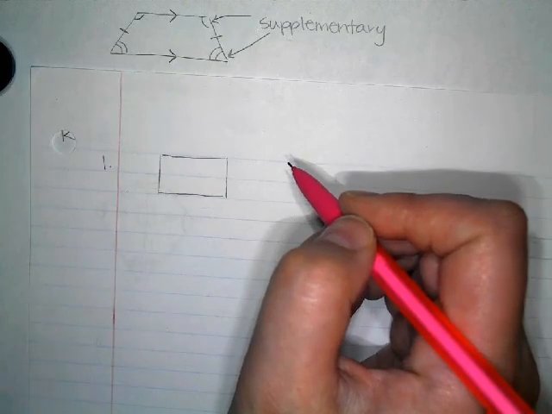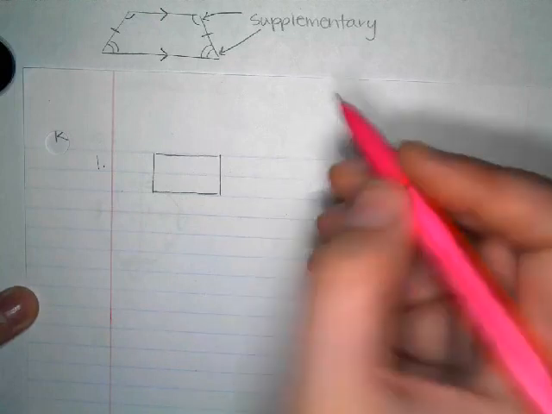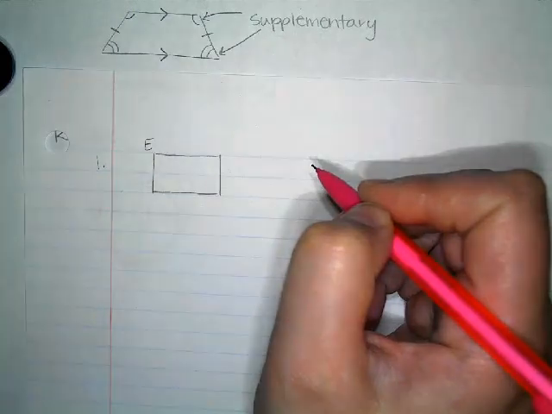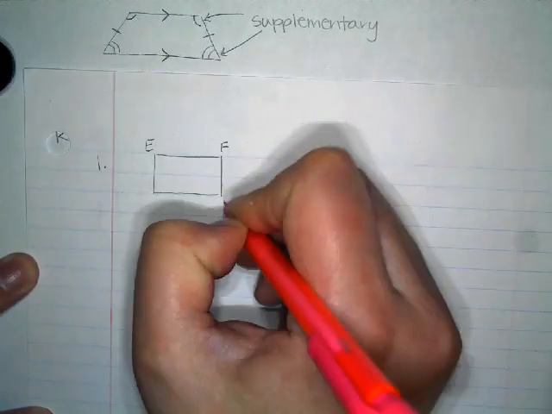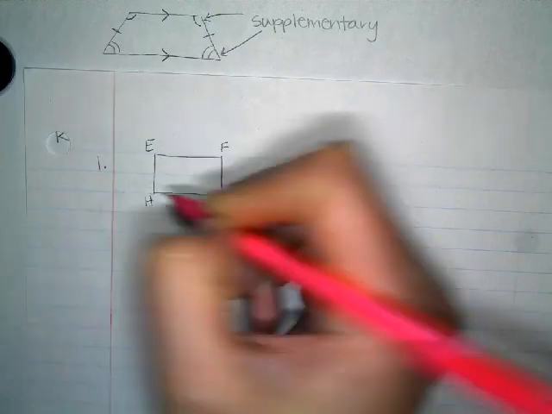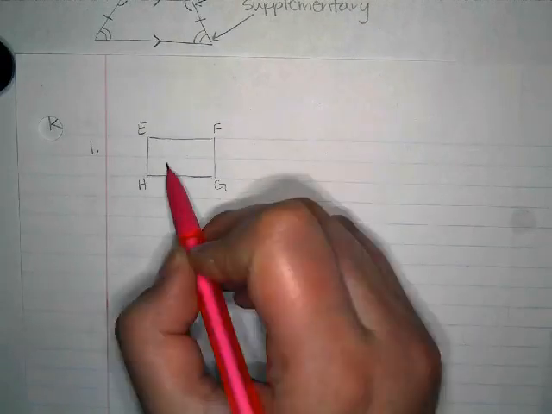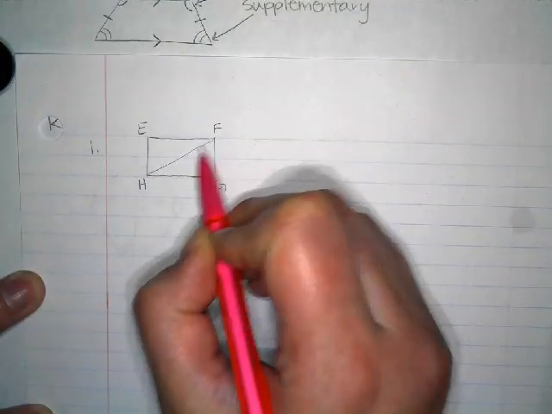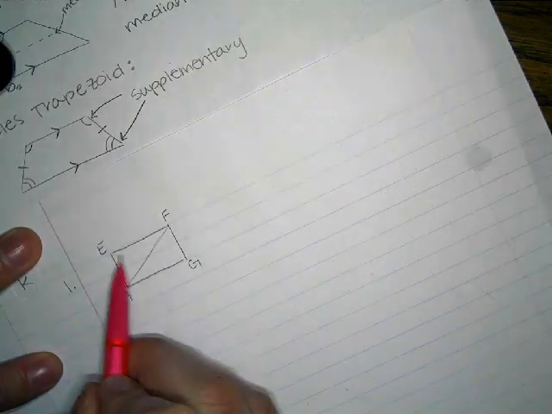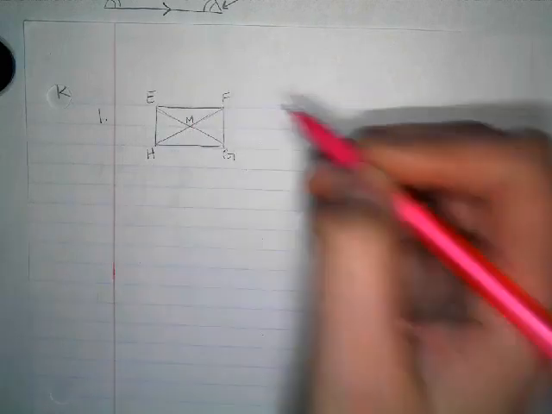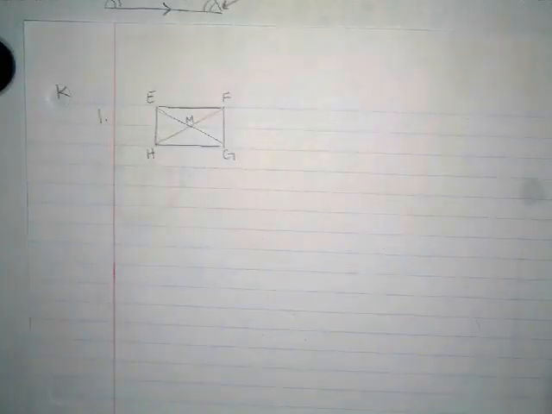So I'm going to start in the upper left corner because that's what I typically do. EFGH. Okay, number one says rectangle EFGH, diagonals that intersect at M. So I'm going to draw the diagonals, and they intersect at M. It says the length of E to M is 5x plus 1.